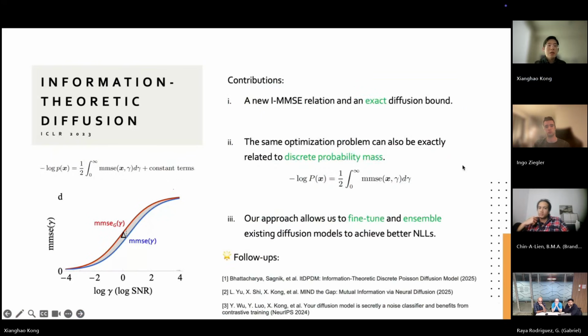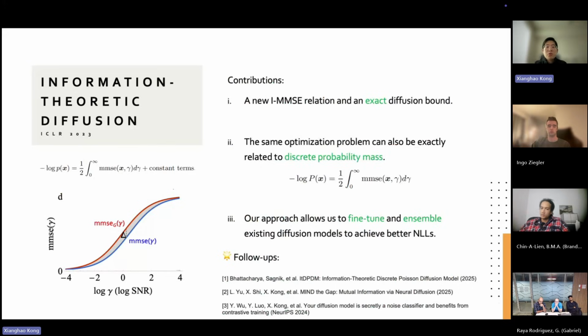Okay, so that's almost the essential part of the information-theoretic diffusion. We can summarize the three contributions here. The first one is we propose a new I-MMSE relationship and exact diffusion bound.